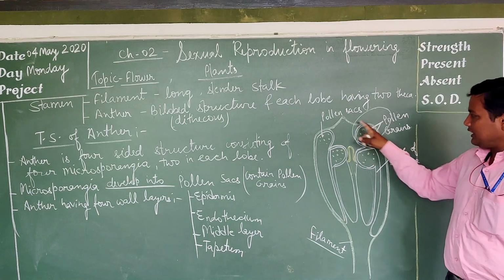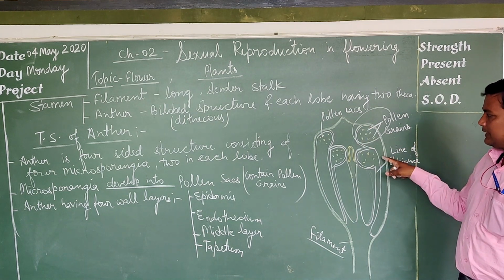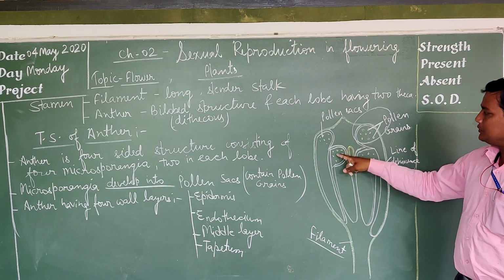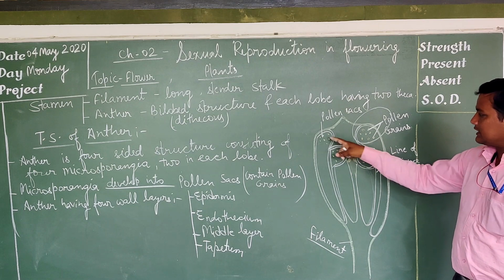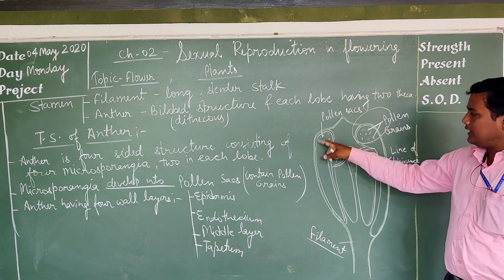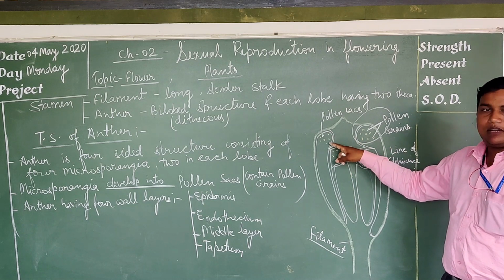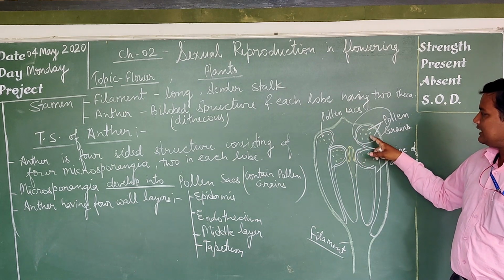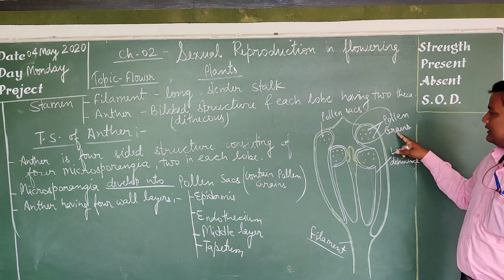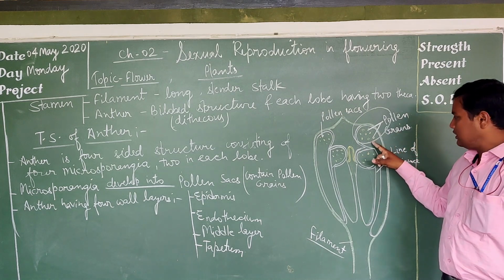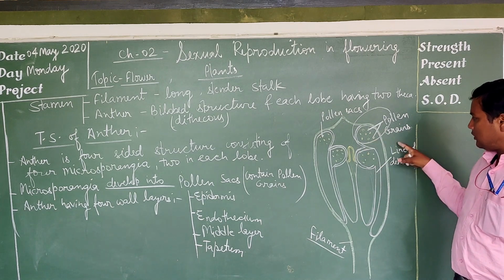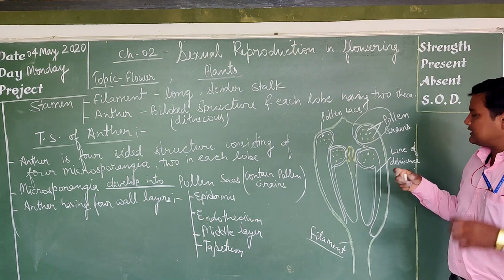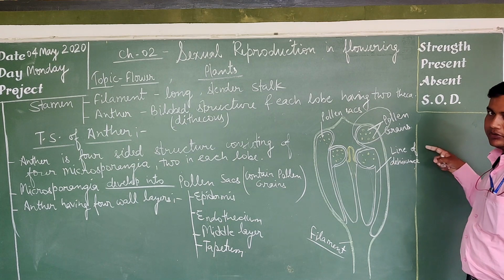Now see the structure again. It is a bilobed anther, and each lobe has two theca. When the microsporangia develop, they are known as pollen sacs, and the pollen sacs contain pollen grains. When the pollen grains mature, the wall of the pollen sac cracks and bursts, and the pollen grains come out.